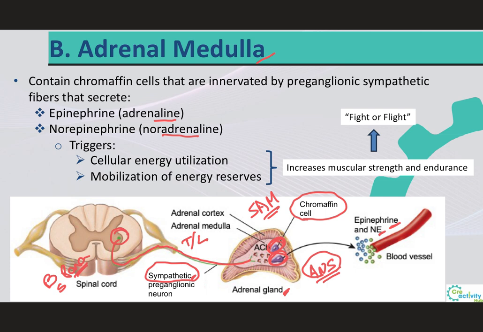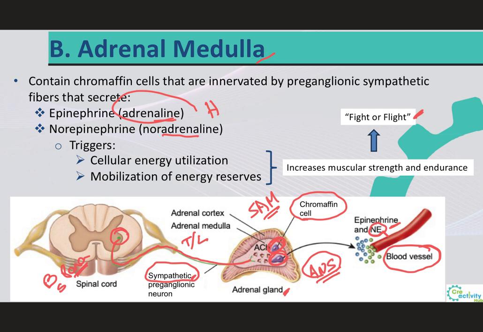Both will prepare the body for the fight or flight response to stress, but adrenaline has slightly more of an effect on your heart, and norepinephrine has more of an effect on your blood vessels. Now remember that these hormones are being released by endocrine glands. So this means that this response will last longer than the response from the sympathetic activation.